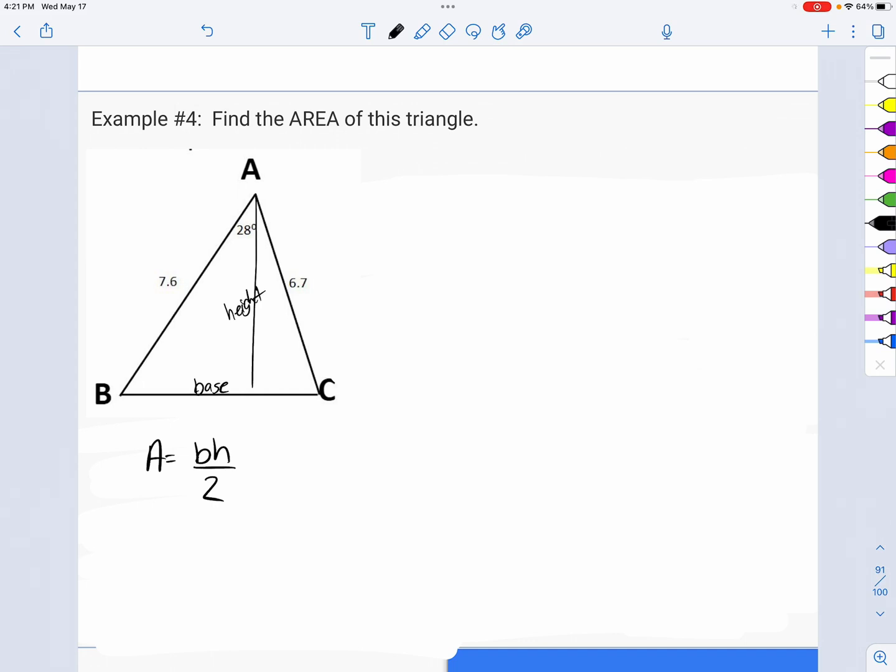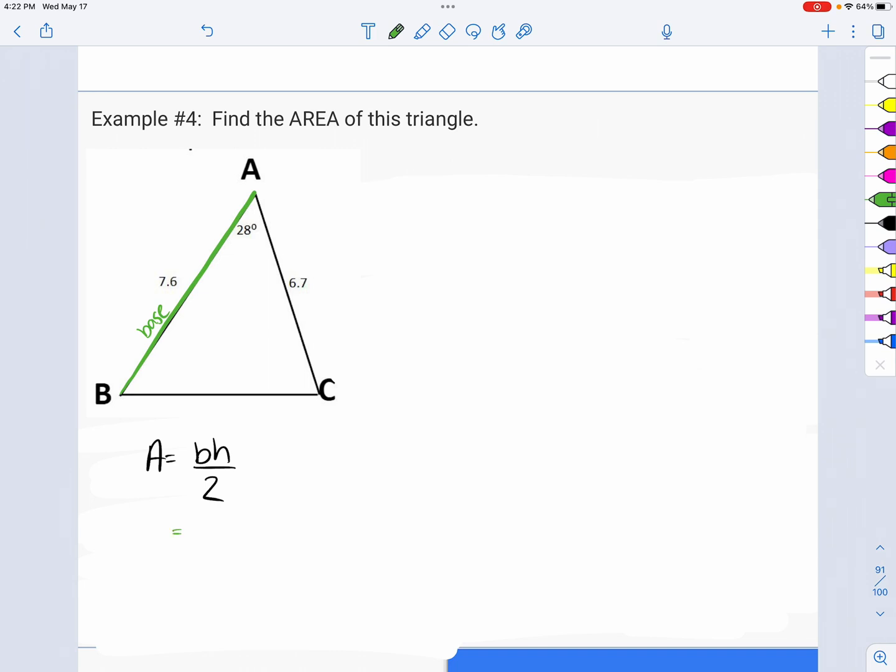Because we want to put the base at the bottom. I don't actually want to do that this time because I don't know BC. I know how long AC is or how long AB is. So why don't I make this side the base?